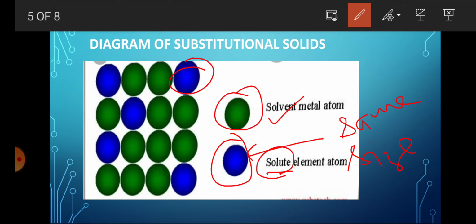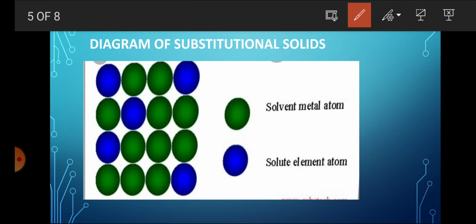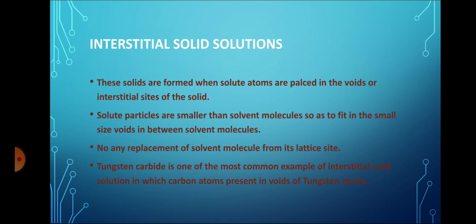The places of the solvent molecules are taken by the solute particles, so solute particles must be of the same size as the solvent molecules. So let's see the other category.